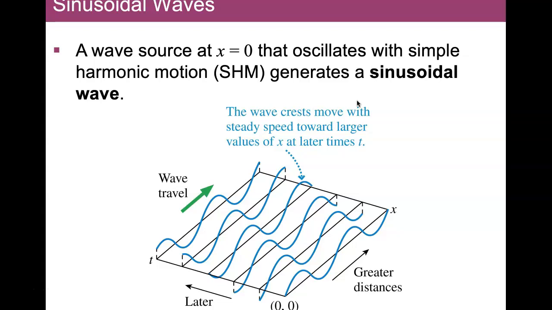You can generate this pattern by taking one end and moving it up and down as a sinusoidal function of time, and you generate this pattern that extends throughout the entire medium.